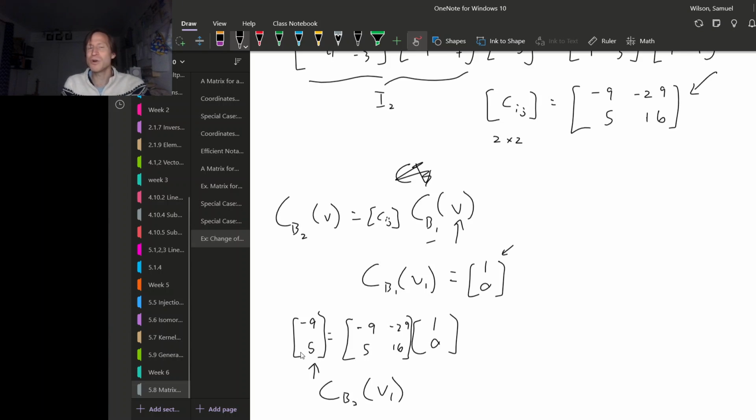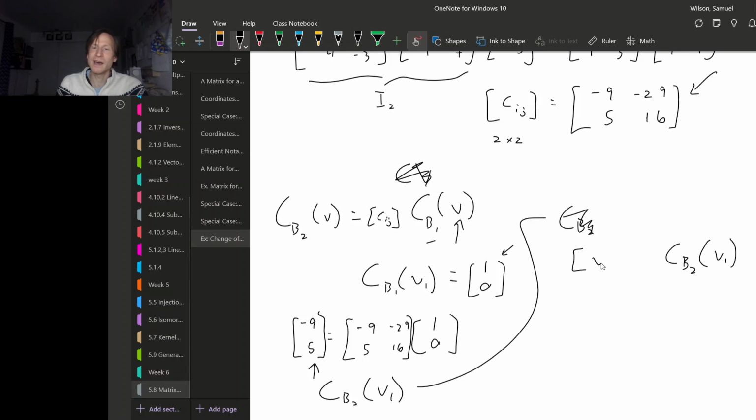Well, remember what the coordinates tell you. What the coordinates tell you is that if you take this coordinate vector, I need to put this on the right. If we take this coordinate vector and multiply it by the matrix with the w's in it, what we should get is our original vector, v, which was v1.